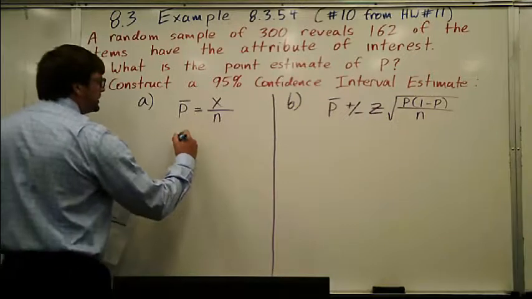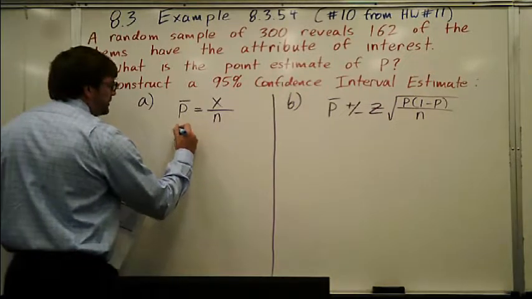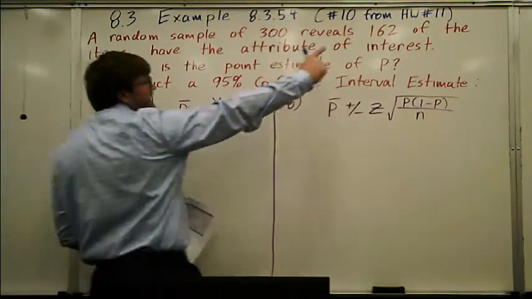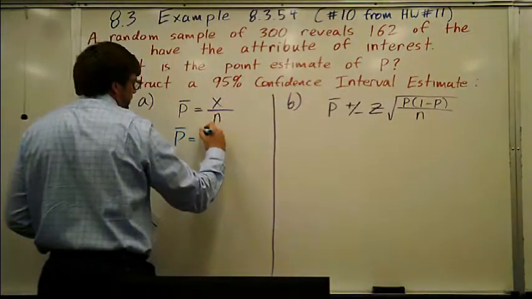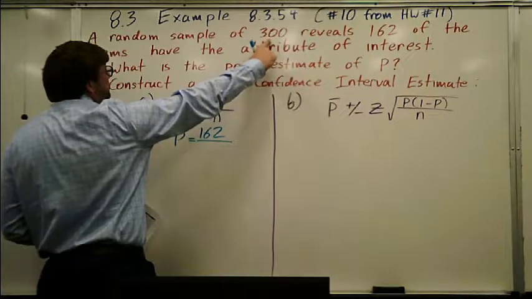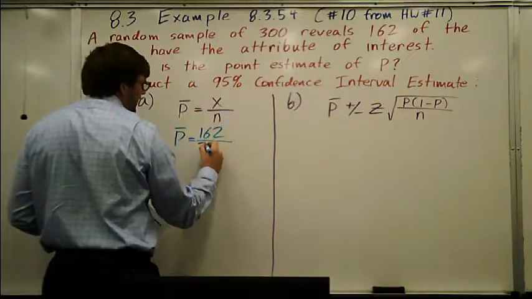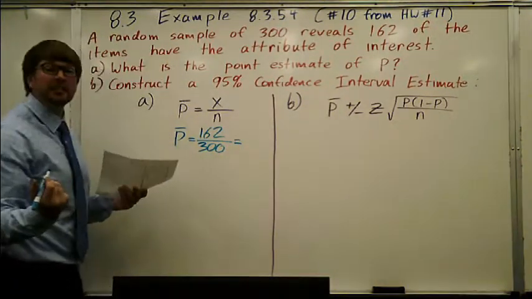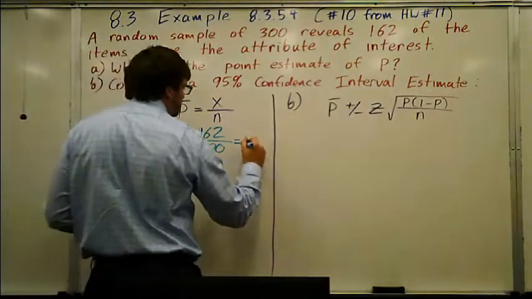So in our situation, p hat, or the sample proportion, is 162 divided by the total number of items sampled, which is 300. In decimal form, that comes out to be 0.54.